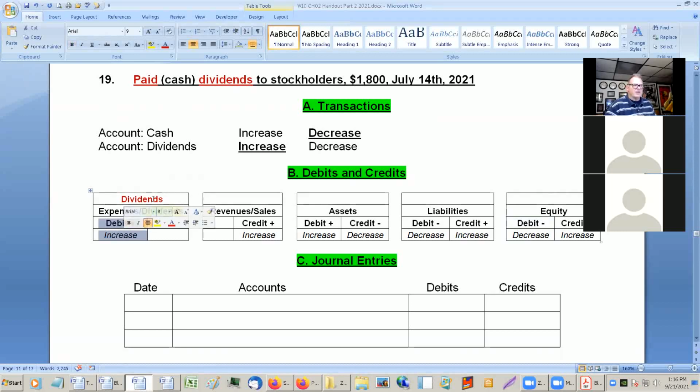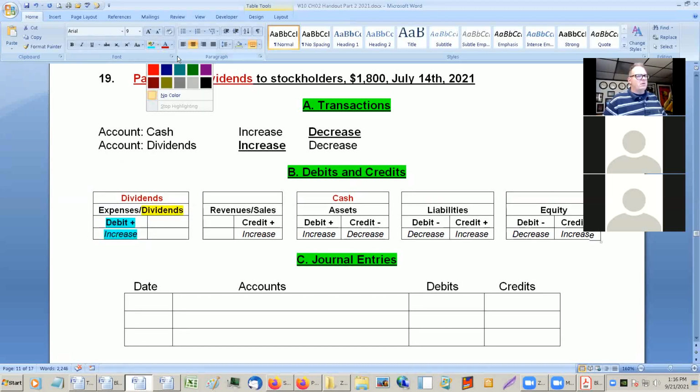Does it matter? Not really. But just know that sometimes you'll see it different ways in different books. International standards used to put the dividends in the equity section itself. They didn't have a statement of retained earnings. Okay, so dividends are always going to be debits.